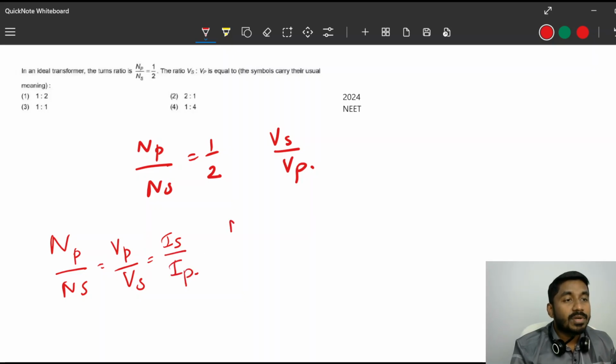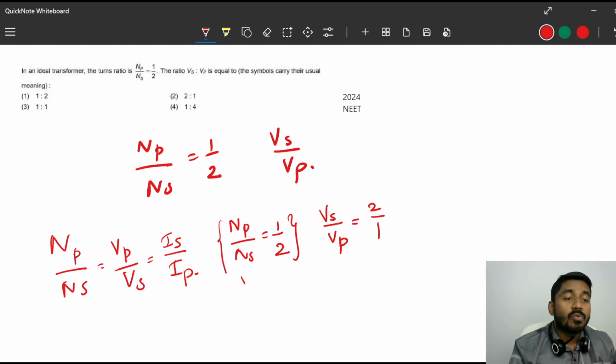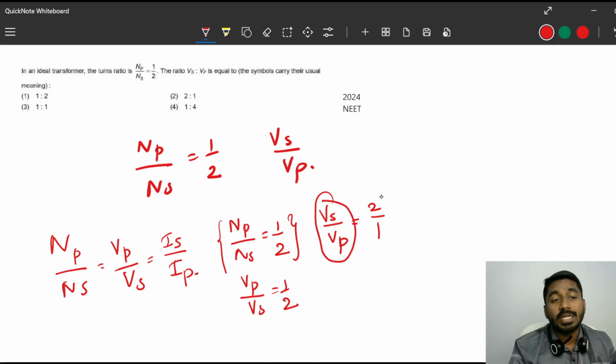NP by NS is given as 1 by 2, and they are asking for VS by VP, and clearly it will be 2 by 1. Why? NP by NS is 1 by 2, so VP by VS also will be 1 by 2. But we need VS by VP, so it will be 2 by 1. Option 2 is the answer. The answer is 2 is to 1.